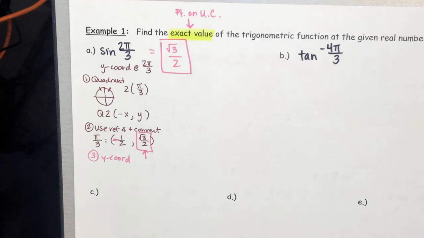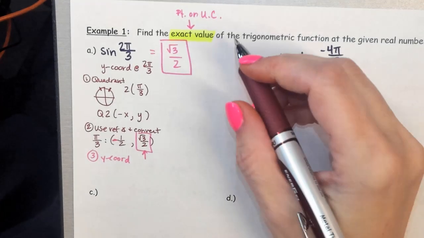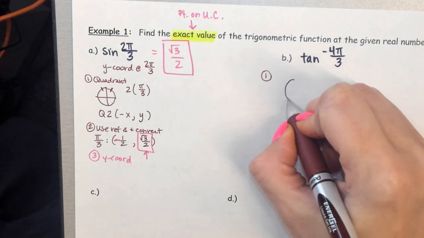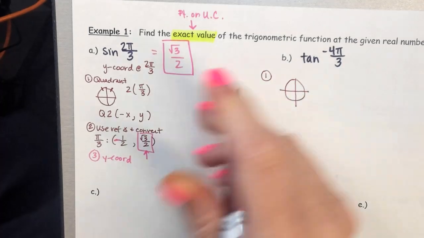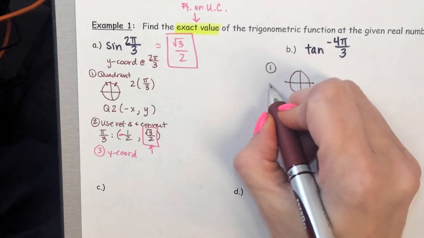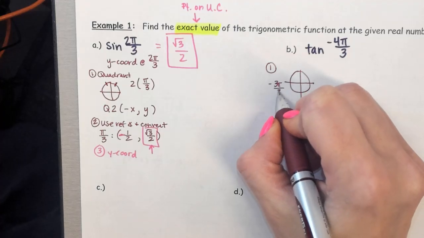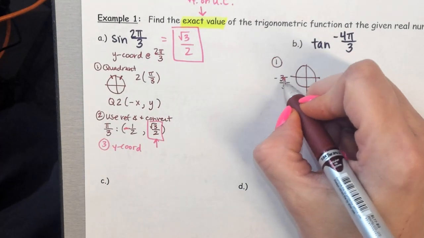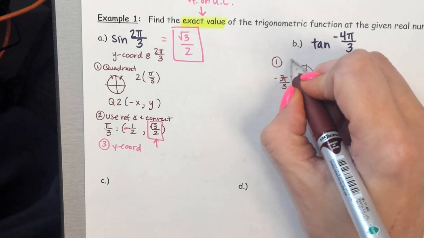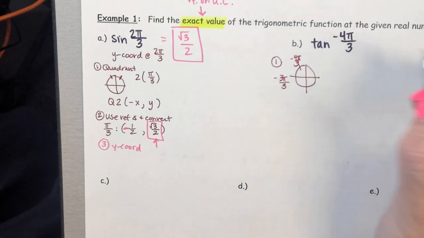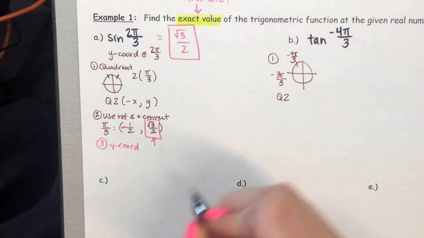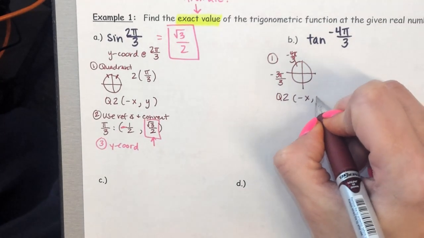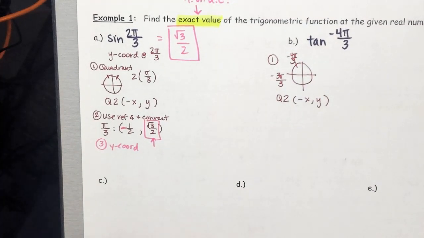Okay, and then we're doing the tangent at negative 4 pi over 3. So when you're trying to decide where the quadrant is, I'm drawing a visual for you. If you guys know where that is right away, you do not have to draw the visual when you're doing this on your own, okay? So this is negative 3 pi over 3, negative 4 pi over 3, again would be in quadrant 2, which is a negative x and a positive y.